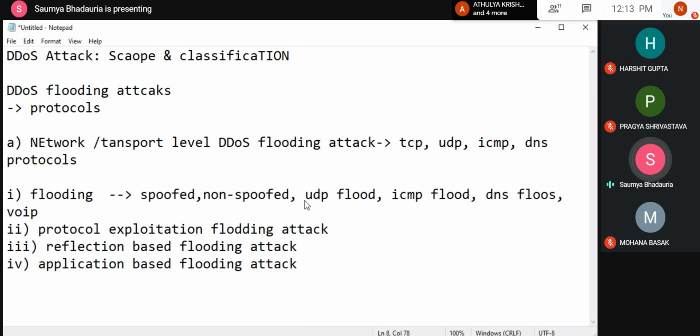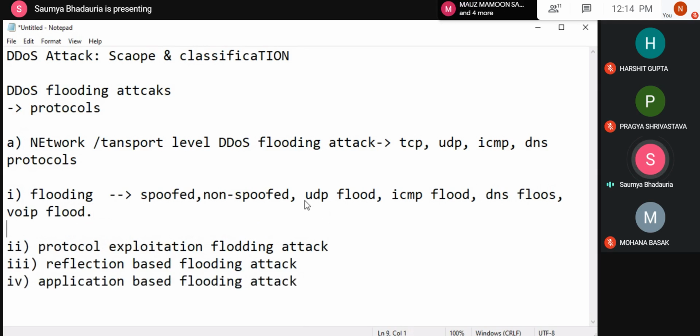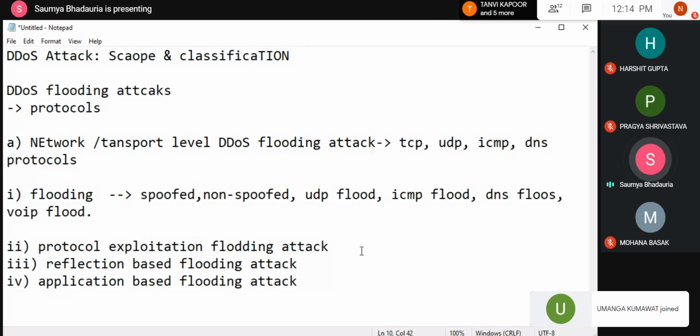Let's say it can be a VoIP flood as well. Clear? So this is generally referred to as flooding.